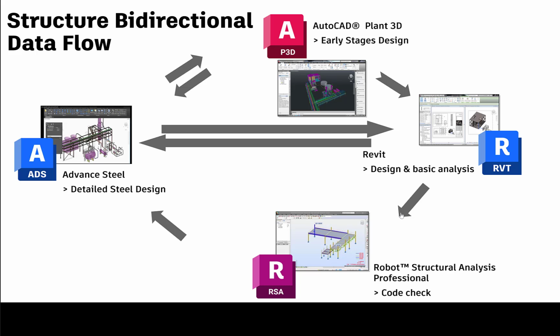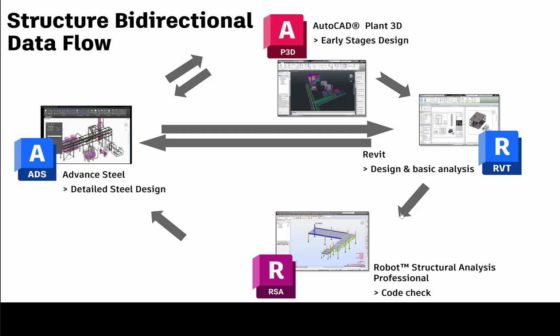You can have Revit and Advanced Steel interoperability working together, and you can also bring this model into Robot Structural Analysis Professional for structural analysis and code checking. If you have the Autodesk AEC Collection, you will definitely enjoy the interoperability of all these different products.